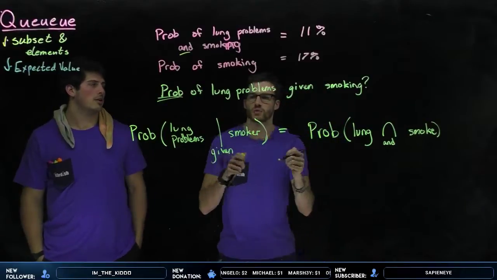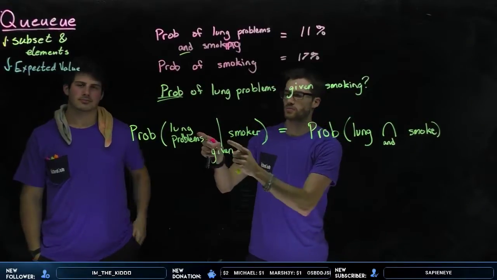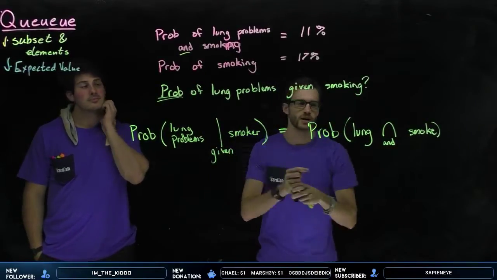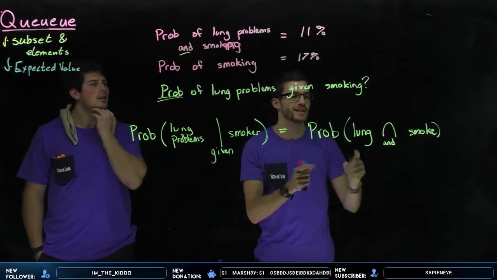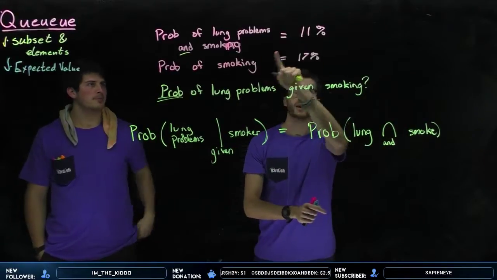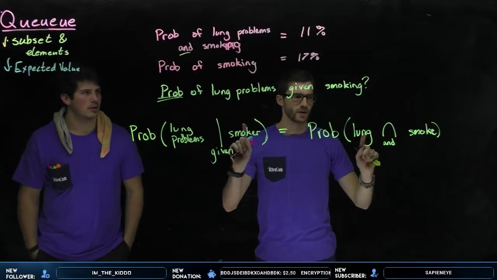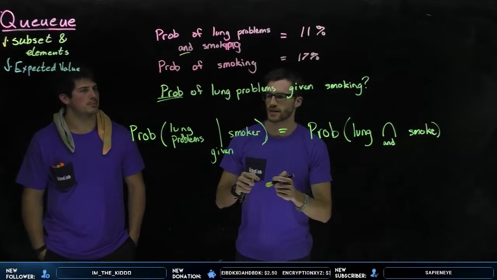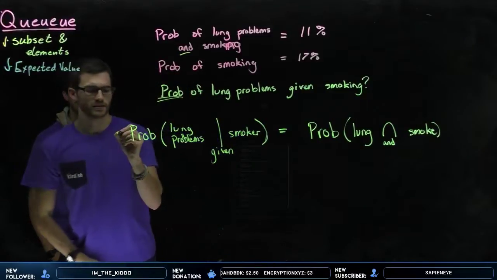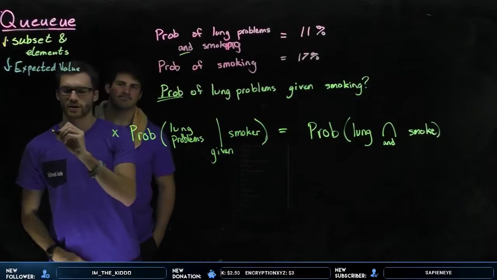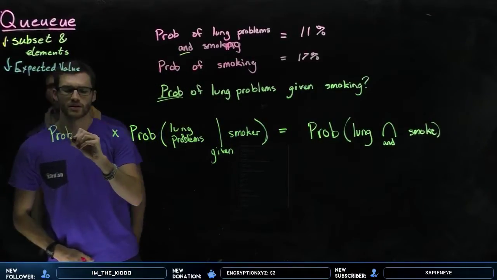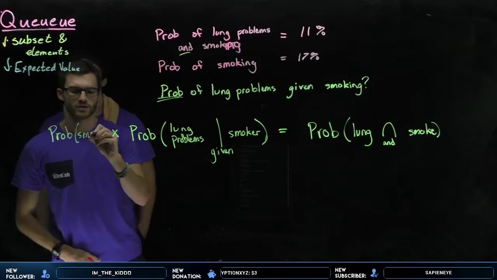Now these don't equal each other necessarily. This is lung problems given that we know they're a smoker. This one is saying what is the probability that they are both. Now we know what it is: 11%. But these don't equal each other yet. What you have to do is multiply this one by the probability of smoker.